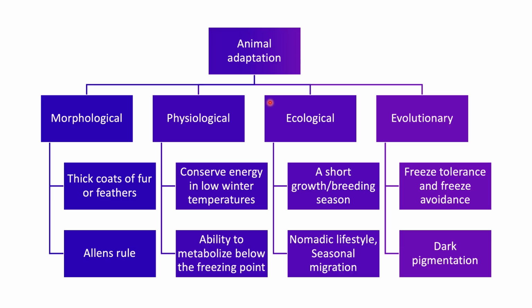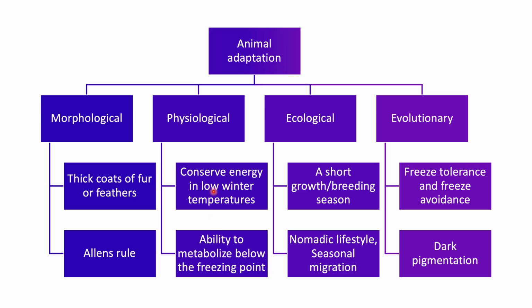Let us look at the different animal adaptations to the Arctic environment. We have four major categories: morphological, physiological, ecological and evolutionary adaptations. In the case of morphological adaptations, animals have thick coats of fur or feathers, and they also follow Allen's rule. We will see what Allen's rule is. In the case of physiological adaptations, they conserve energy in low winter temperatures. Then they have the ability to metabolize below the freezing point.